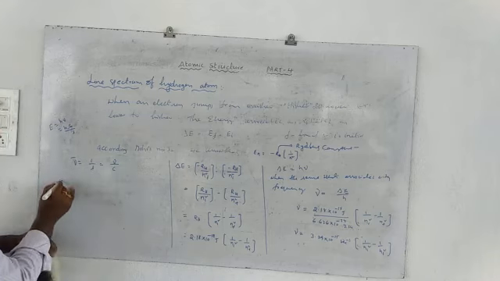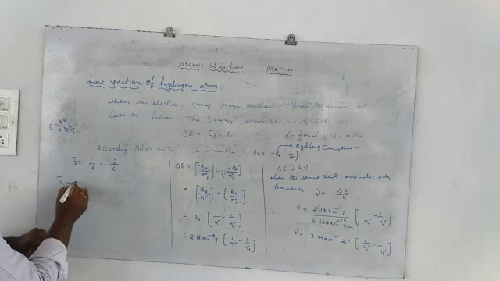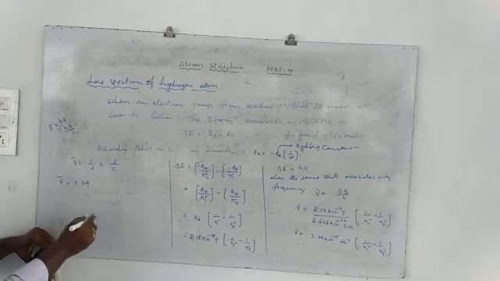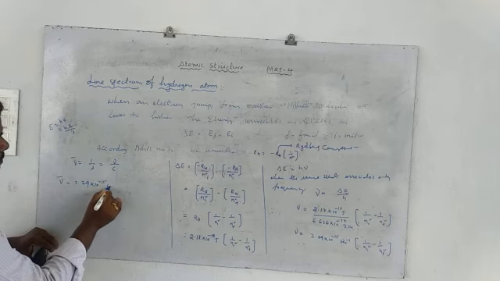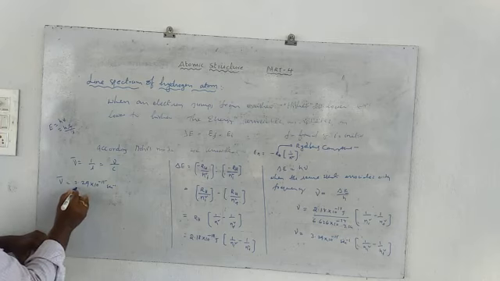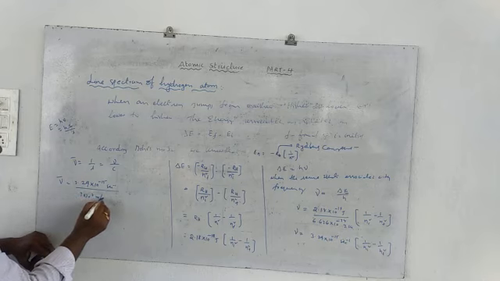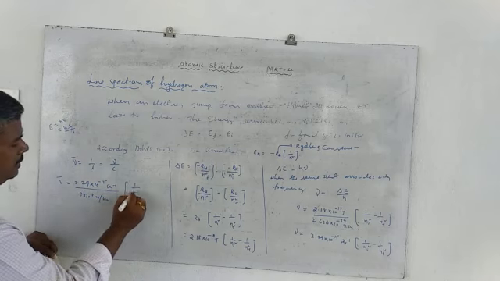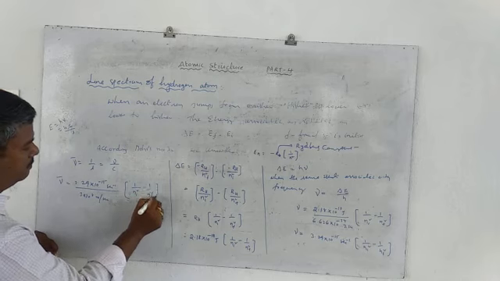So here nu means already we found out, which one? 3.29 into 10 to the power of minus 15 second inverse by C. C means the velocity of light, that is 3 into 10 power 8 meter per second, into 1 by n i square minus 1 by n f square.